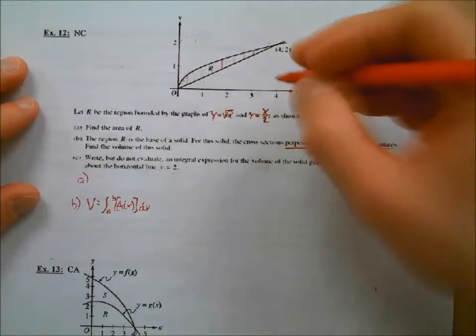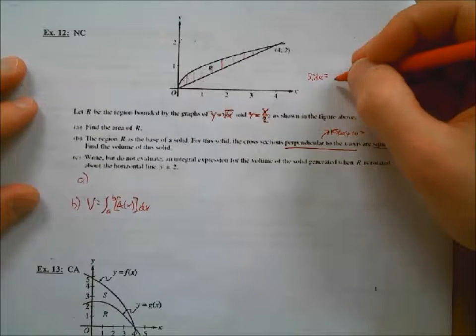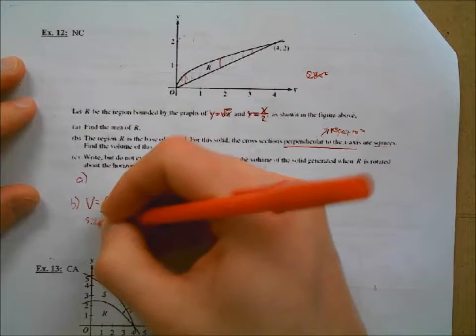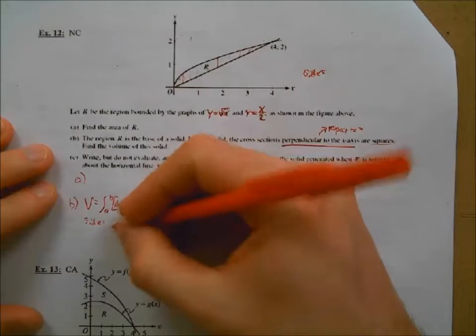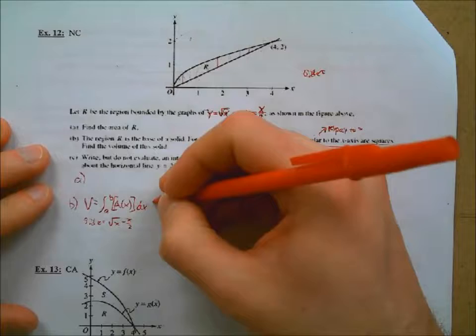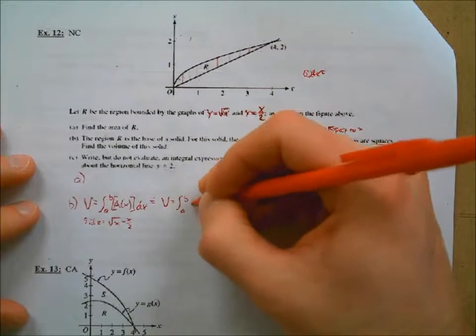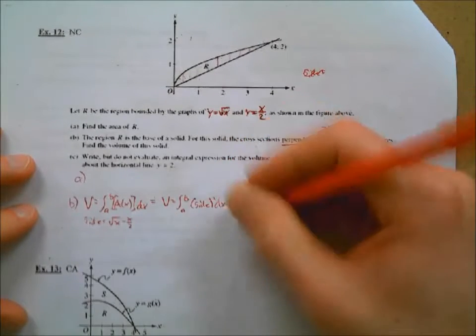So our side here is going to be equal to, and maybe I'll put it down here, the side length is going to be equal to what curve minus what curve? Root x minus x over 2, yeah. Since we're using squares, it's going to be the integral from a to b of side squared.